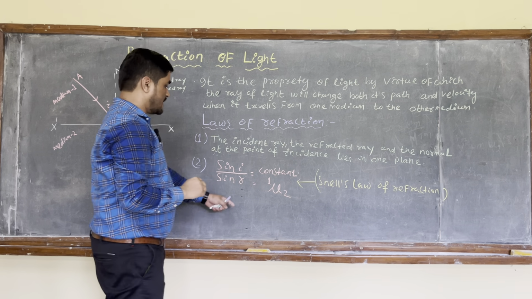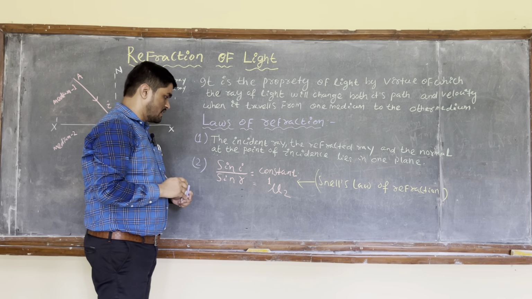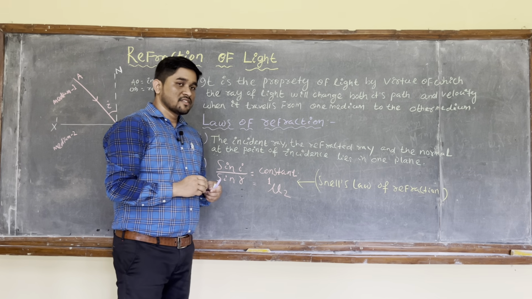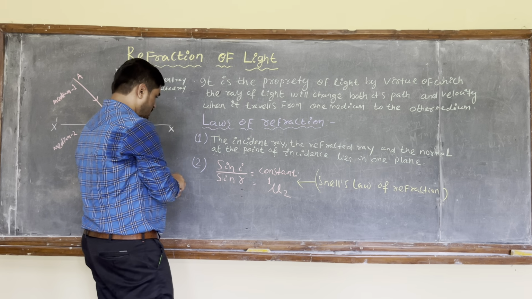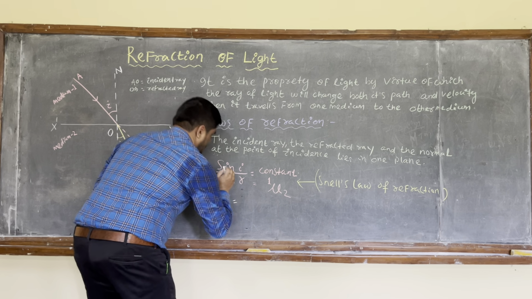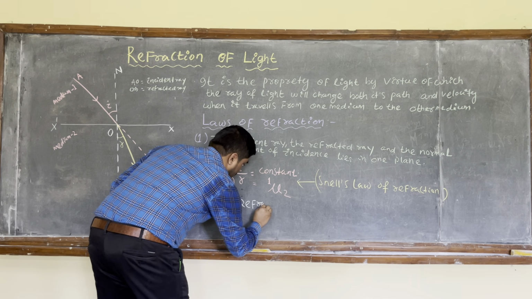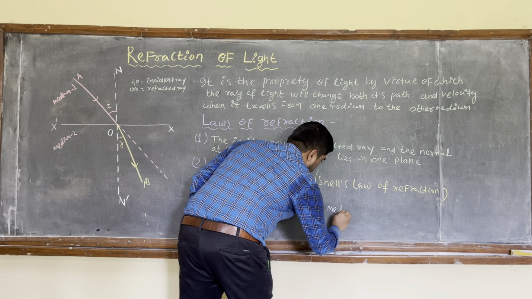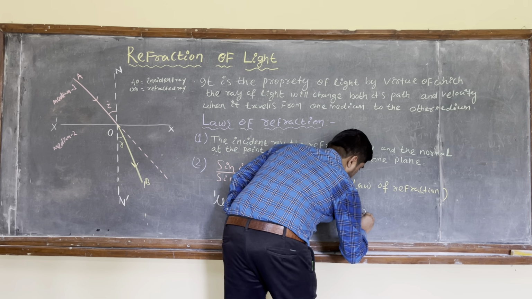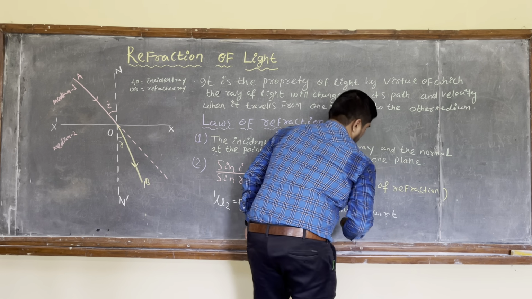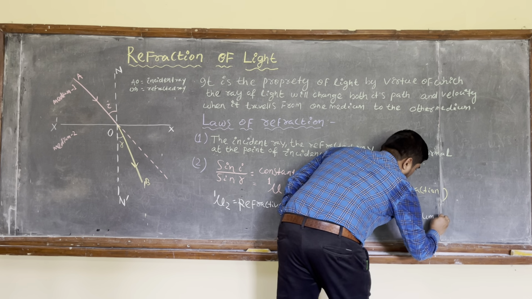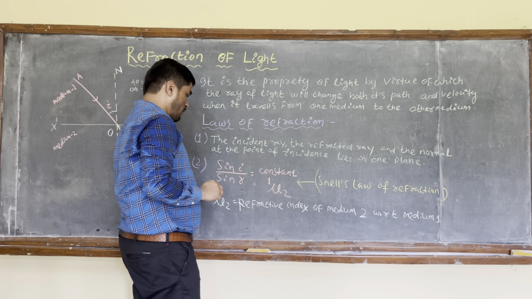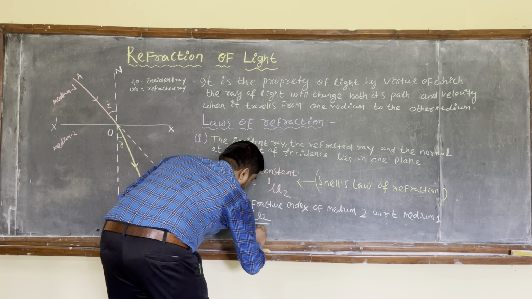You have to remember the second law of refraction: sine i divided by sine r is a constant, or the refractive index of medium 2 with respect to medium 1, and that is known as Snell's law of refraction, where mu 2 1 is the refractive index of medium 2 with respect to medium 1, and that is mu 2 divided by mu 1.